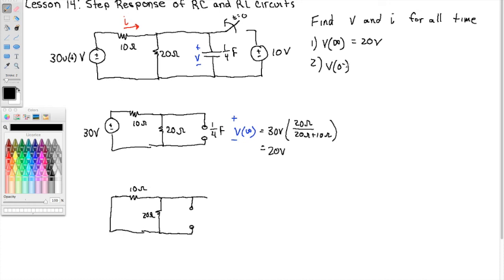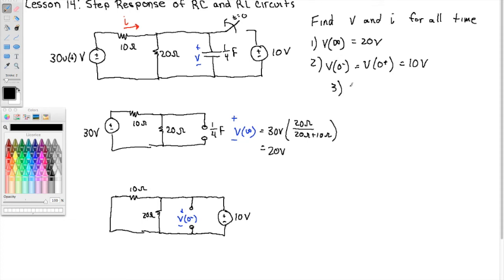And at negative time, the switch is closed here. So here's our circuit, and this is V0 minus. So how many volts do we have across the capacitor? Well, 10 volts. The capacitor is connected directly to the 10 volt source. So V0 minus is the same as V0 plus right after the switch. We start with 10 volts.